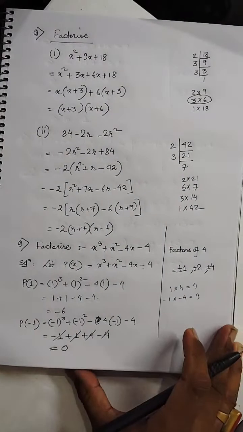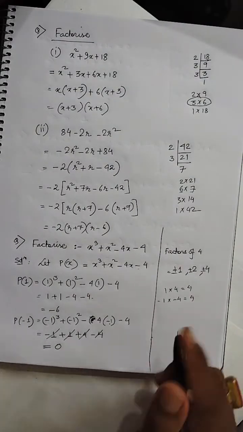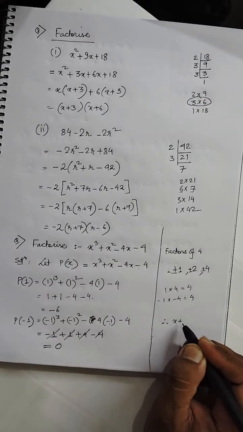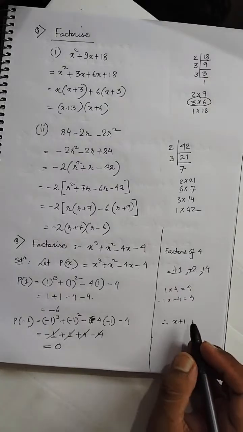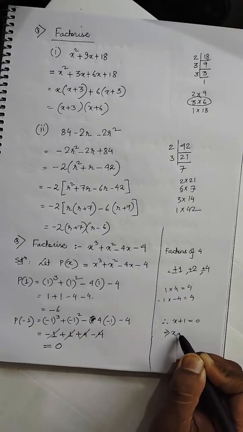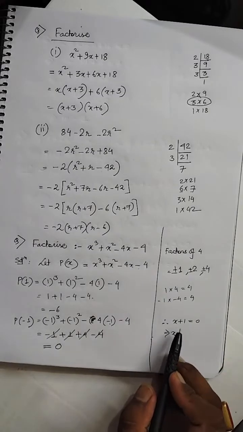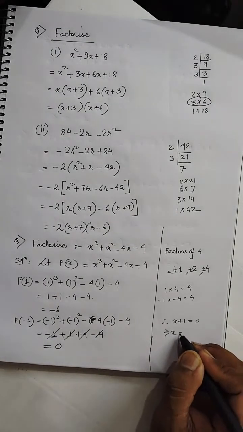Okay? So if p(minus 1) is 0, then x plus 1 will be a factor. Why? Let me repeat. If we are finding the zero of this polynomial, x plus 1 equal to 0 gives x equal to minus 1.